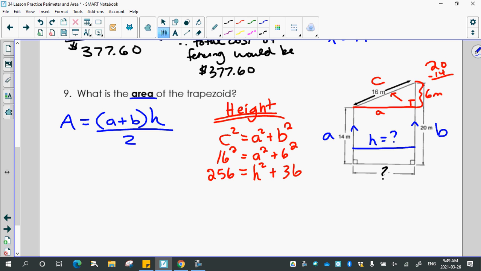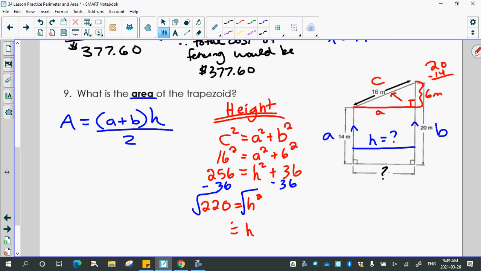And then to get H by itself, I first need to subtract 36 from both sides. 220 is H squared, but I need H, so I need to square root both sides.